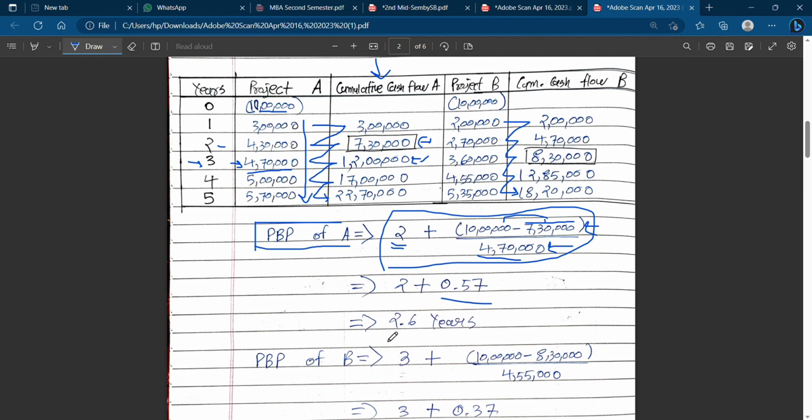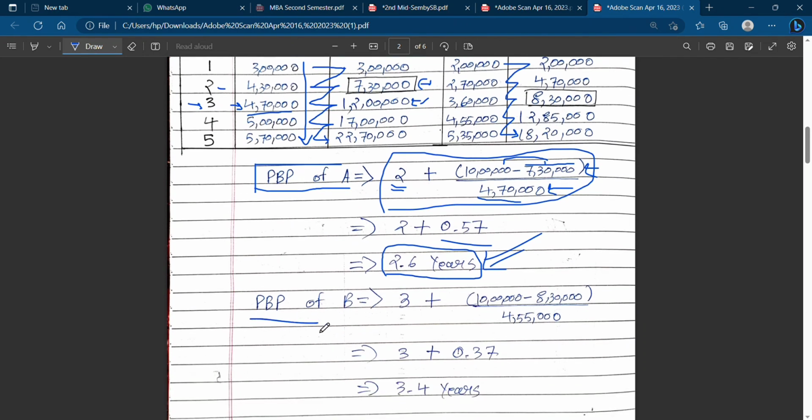I have rounded it off, so it's 2.6 years. We are getting our investment back in 2.6 years.